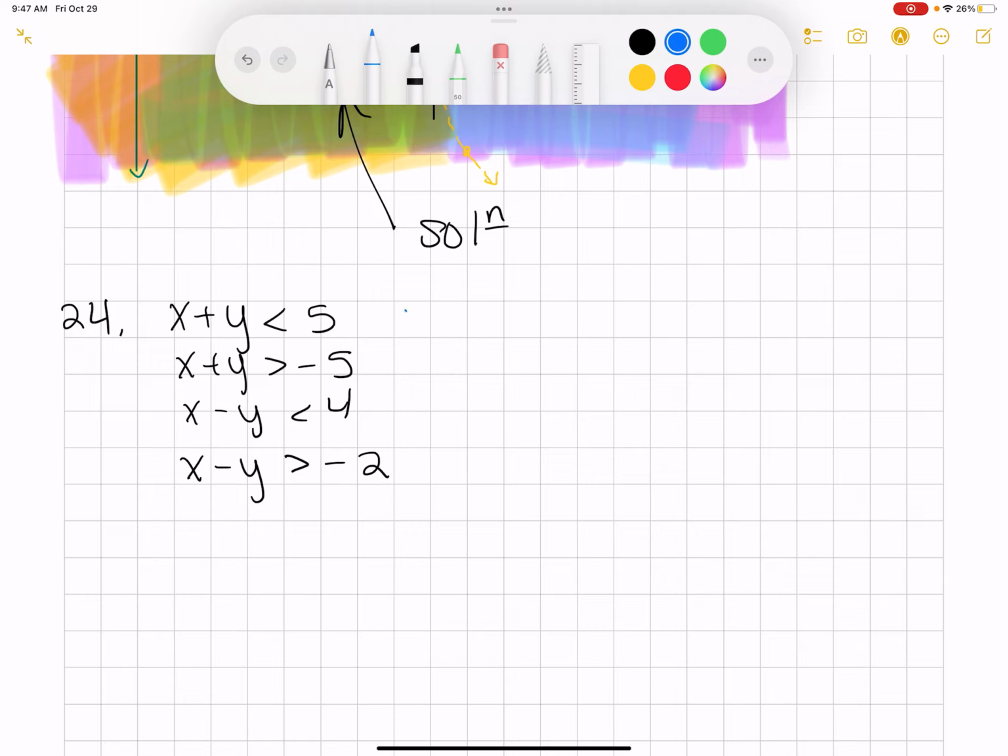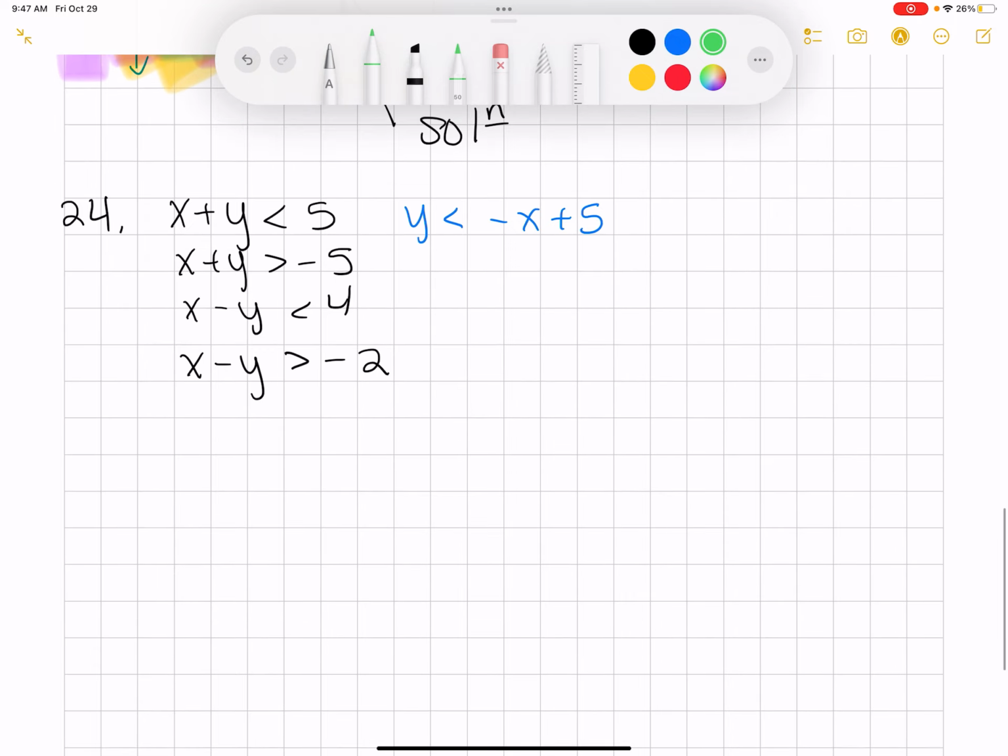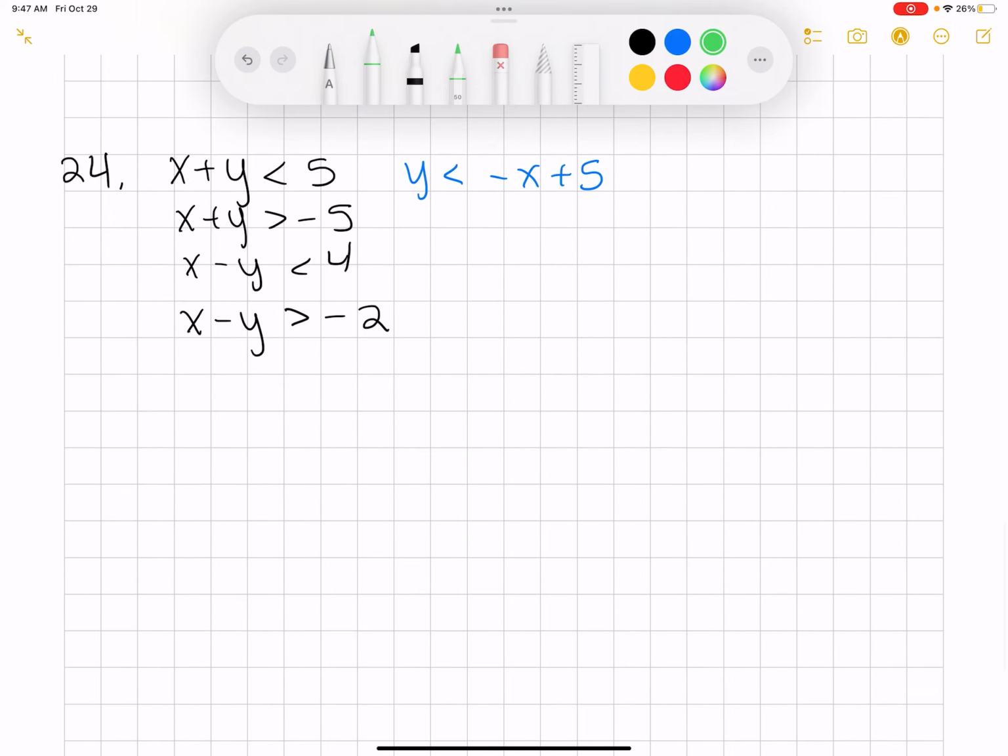Alright, so y is less than negative x plus 5. Okay. Algebra. Y is greater than negative x minus 5.